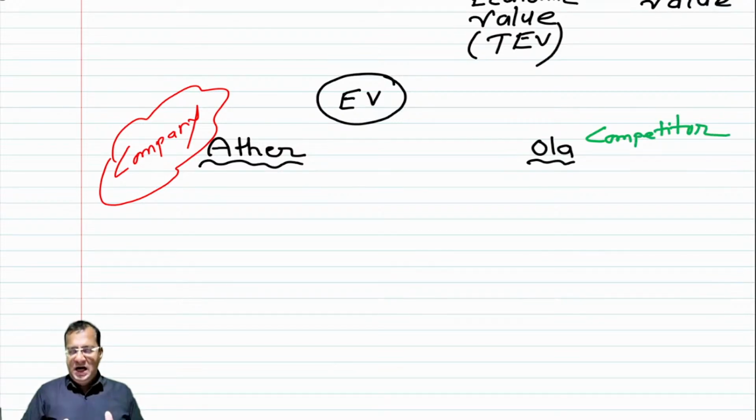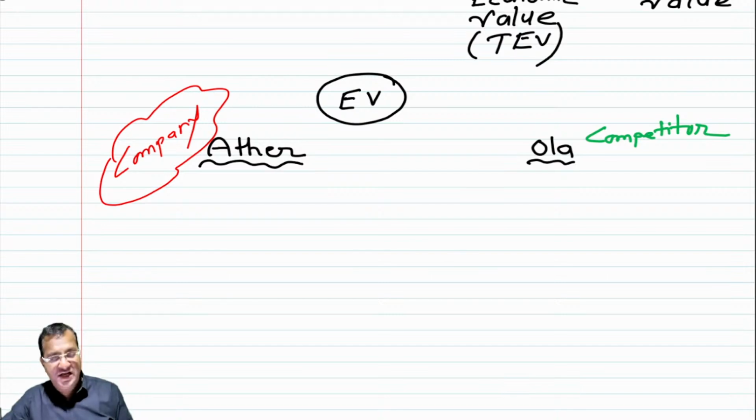We are pricing the product of Ather based on value-based pricing. Let it be very clear, beta, we are in the electric vehicle segment. The name of our company is Ather. The competitor is Ola, and we want to price our Ather product based on value-based pricing, that is, customer perception of its value.